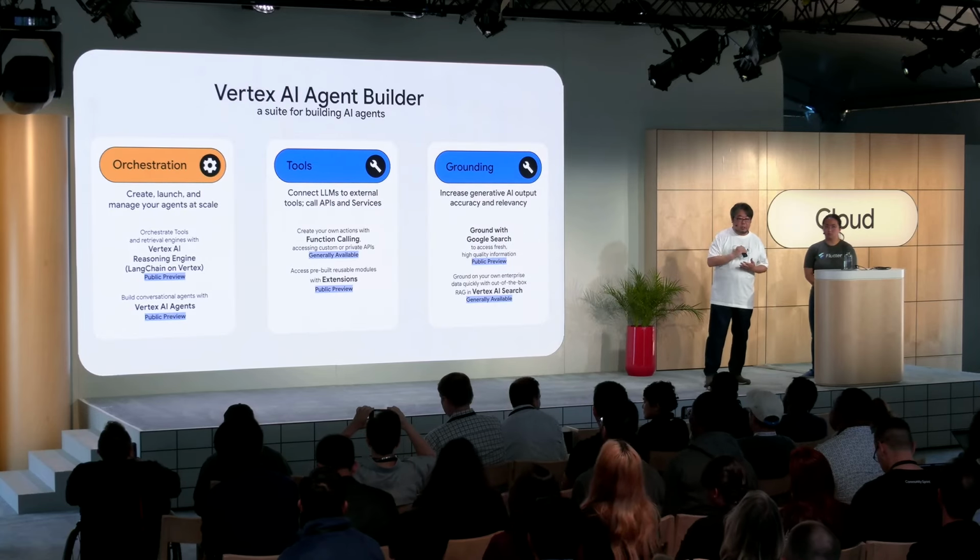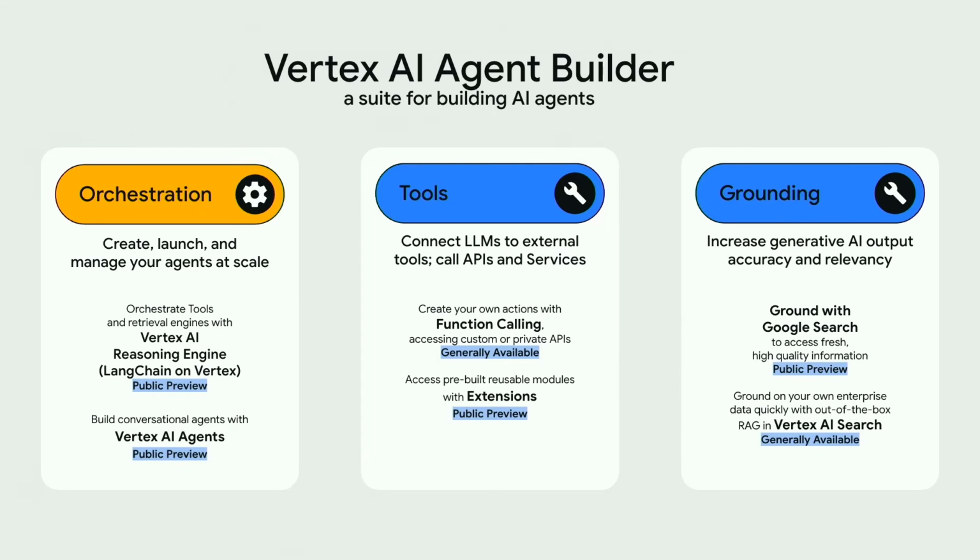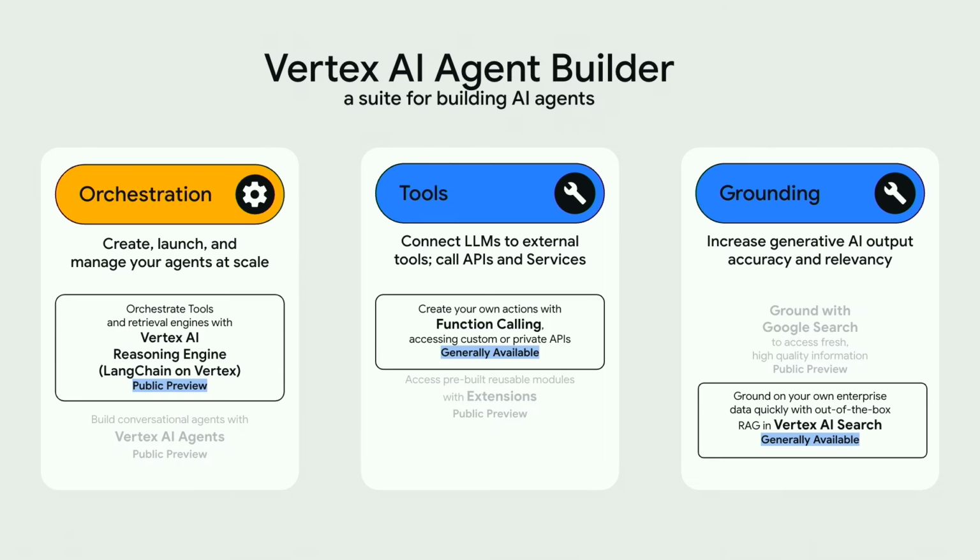Last April, Google announced a new suite of products called Vertex AI Agent Builder, which is a suite containing multiple products and tools for building AI agents with orchestration, tools, and grounding with search engines. With Vertex AI Agent Builder, there are different approaches and projects for building AI agents. In this session, we'd like to focus on Vertex AI Reasoning Engine, which is also called LangChain on Vertex.